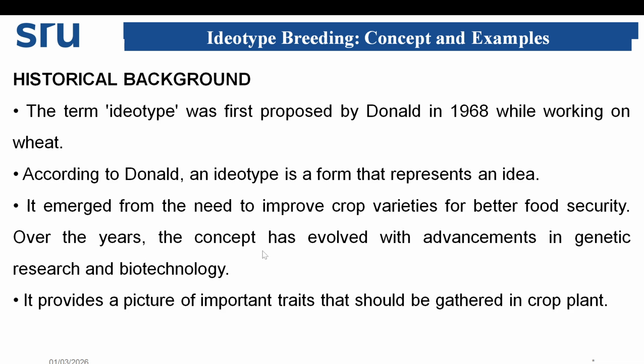Over the years, the concept has evolved with the advancement in genetic research and biotechnology. It provides a picture of the important traits that should be gathered in a crop plant. So this ideotype represents an idea for the improvement of crop varieties for better food security.